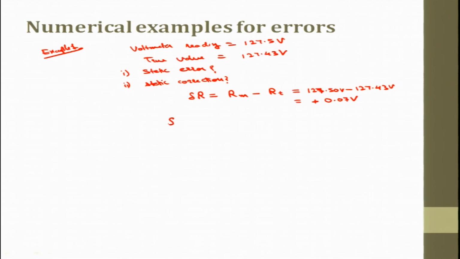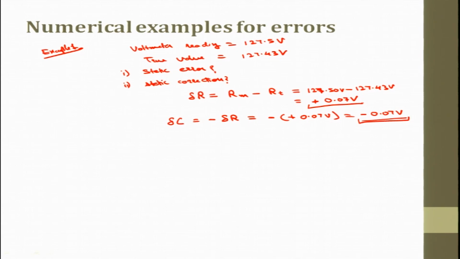So the static correction, which is denoted by delta C, is equal to minus times delta R, which is equal to minus times plus of 0.07 V is equal to minus 0.07 V. So the static correction value here is minus 0.07 and the static error is plus 0.07.